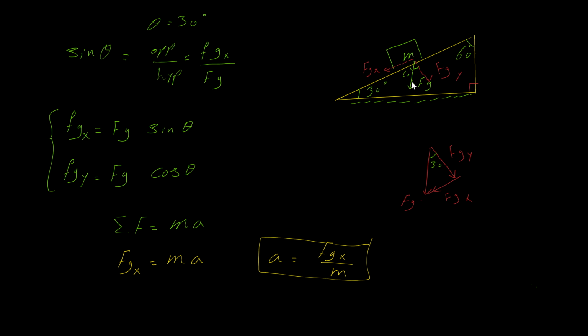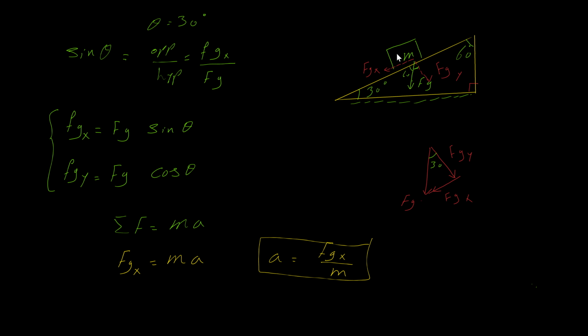Now, what if we also have a force of friction that is not zero or very close to zero? If we have a larger force of friction here, what happens? The force of friction is going to be opposing the direction of the movement.